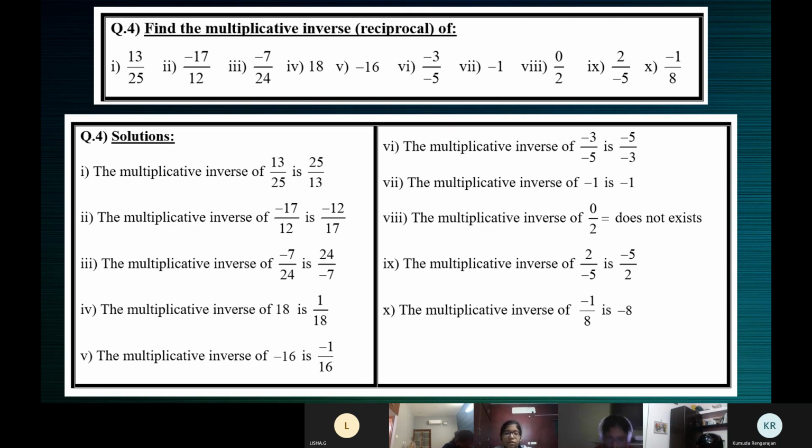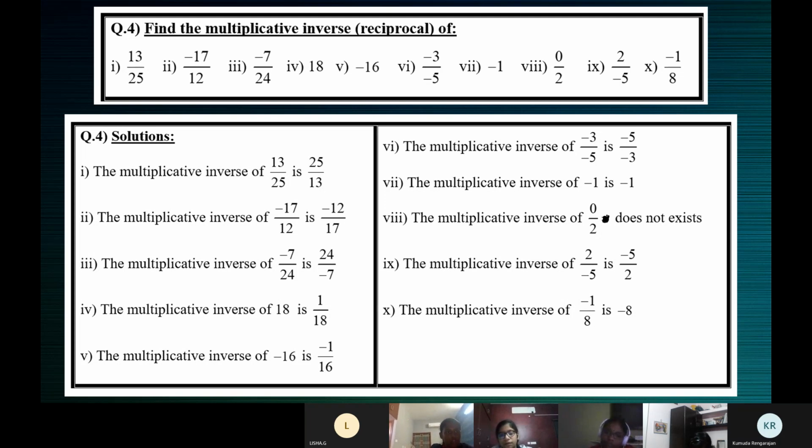Yes, ma'am. Took screenshot. So we should write the multiplicative inverse of 0 by 2 does not exist. By mistake I wrote equal to. That's all. No equal to sign there.